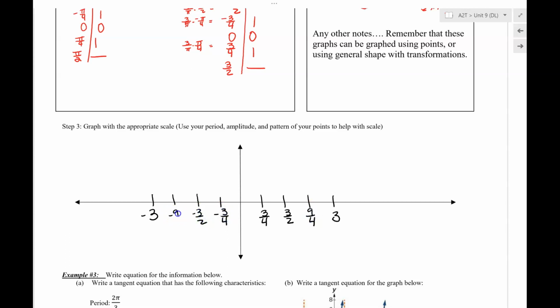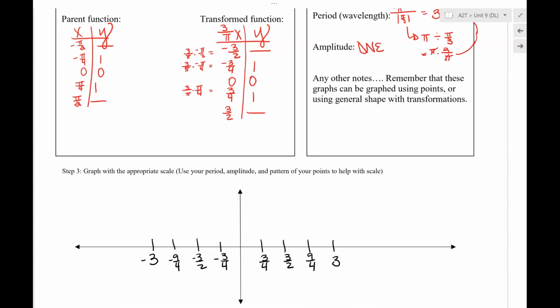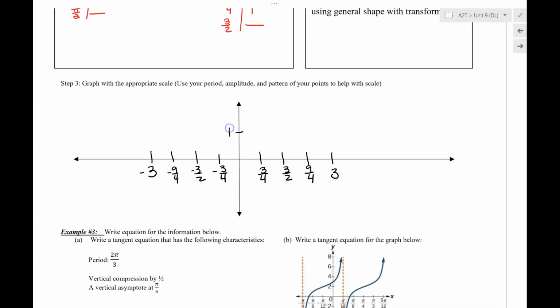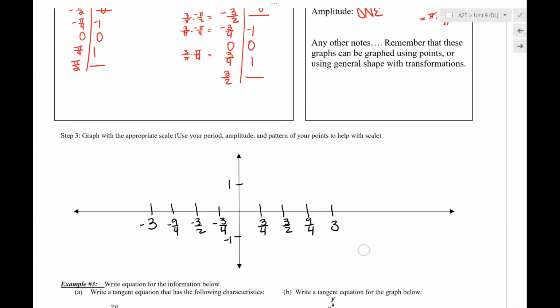I don't want to. Okay, and we go, it looks like, oh, hello, Patterson. You did something wrong. I forgot the negative. Sorry, guys. If you caught that as we were writing it down, I appreciate that. There we go. Okay, so at negative 3 halves, we have an asymptote.